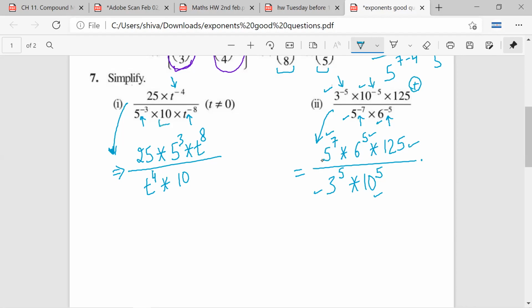For example, this 10 has a positive power, so it remains like it is. But this numerator goes to denominator, this denominator goes to numerator, this denominator goes to numerator. Sanvi, any doubt? No, sir. What should I do next?